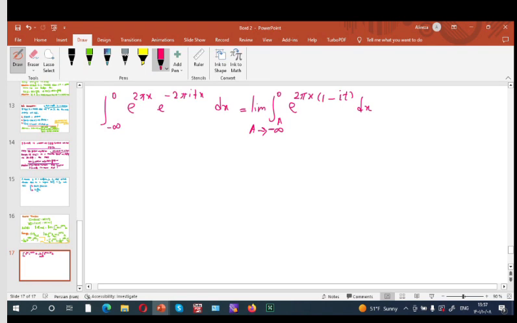And this is equal to this limit, 2p(1 minus it) multiplied by e^(2px), 1 minus it, between zero and a.